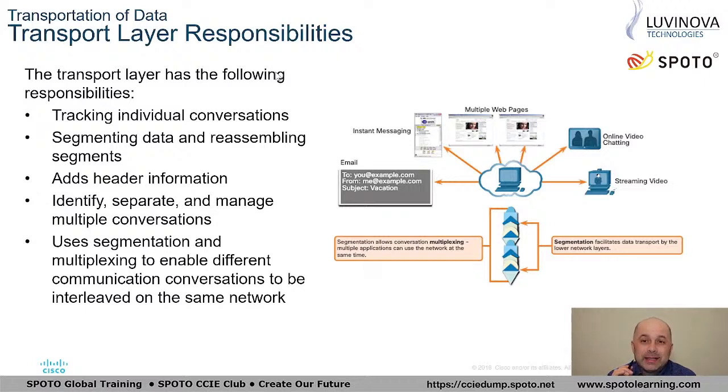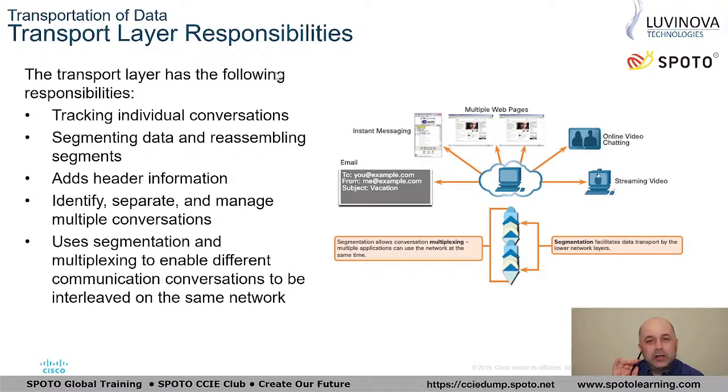process called segmentation. It means it's dividing data into smaller, equal-sized pieces, and each piece has a sequence number added, so it's called sequencing. Also, every layer adds its own header with its own information.